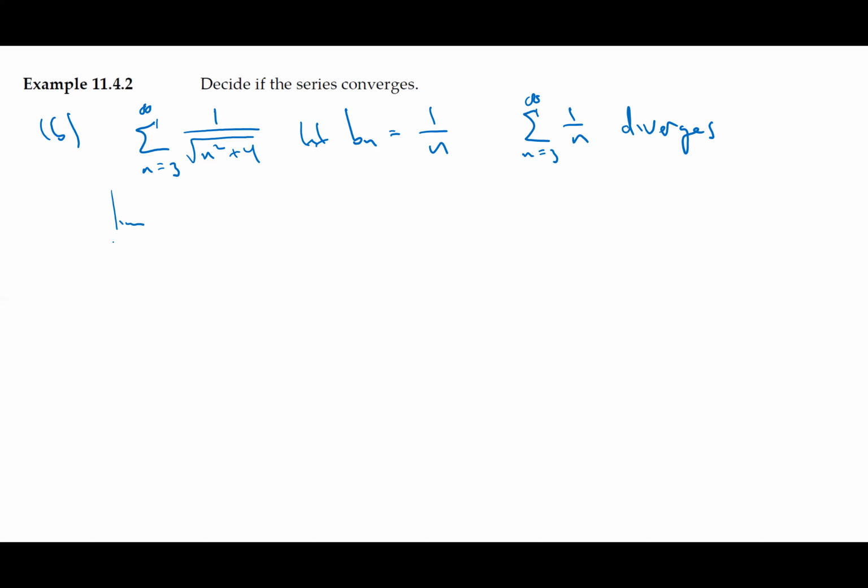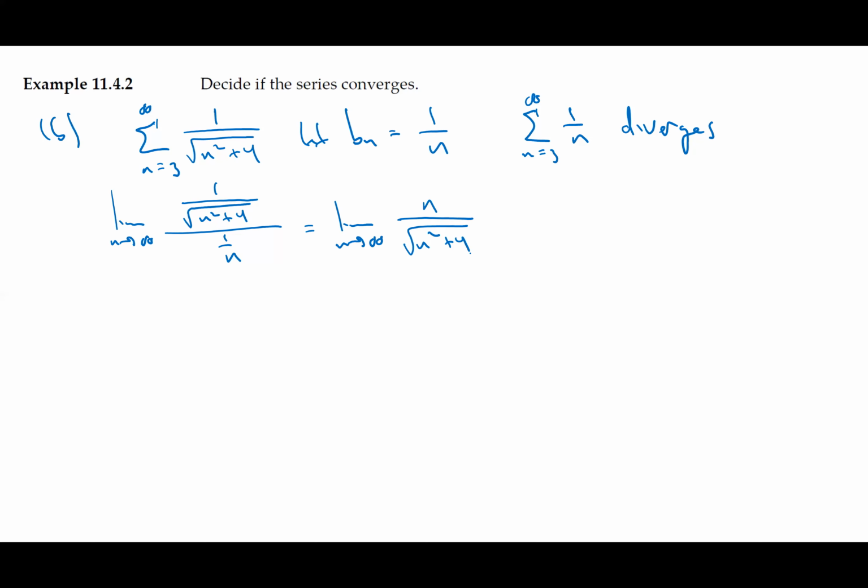Limit as n goes to infinity of 1 over the square root of n squared plus 4, all over 1 over n. And so you have n over the square root of n squared plus 4. And again, dominant term analysis. The plus 4 has very little effect on n squared when n is really large.